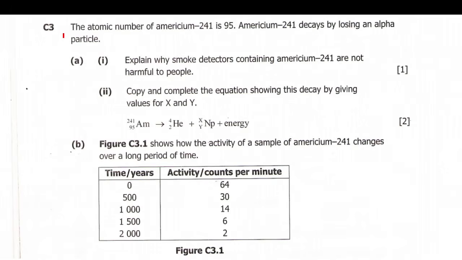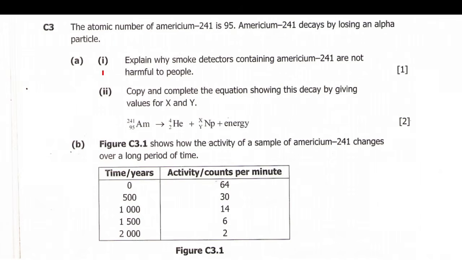We have come a long way. So C3 reads, the atomic number of americium 241 is 95. Americium 241 decays by losing an alpha particle.